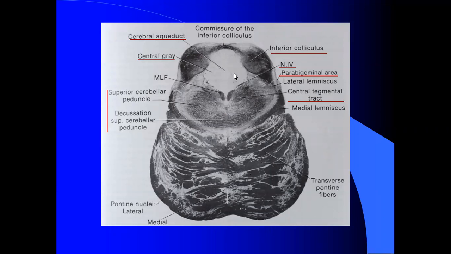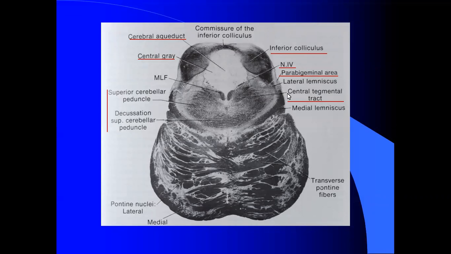Tough to see, but you can sort of see the ependymal lining helps outline this almost diamond shape. And surrounding it is a much larger area of the periaqueductal gray, which we're going to look at later. The MLF is still in our favorite position in the midline posteriorly within the tegmentum. Here's the superior cerebellar peduncle, and here's the decussation of the superior cerebellar peduncle.